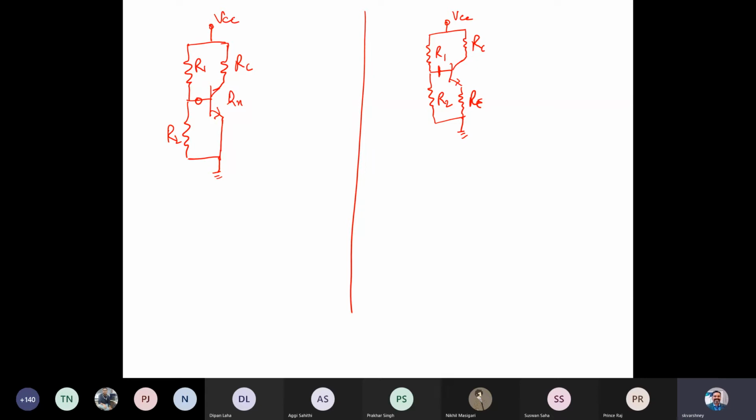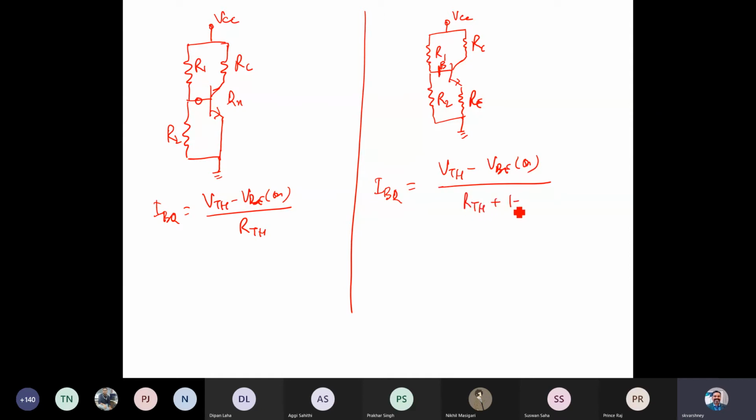So this is the base terminal. In this case, IBQ was VTH minus VBE on over RTH. In this one, IBQ is VTH minus VBE on divided by RTH plus (1 plus beta) into RE.